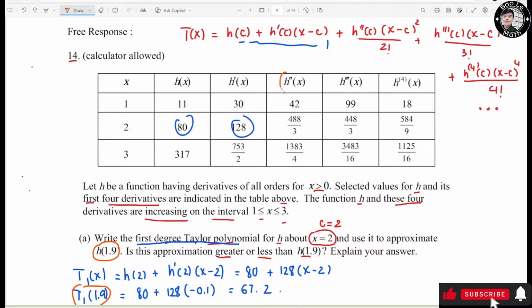Since the second derivative of the function h of s is greater than 0 and increasing for s between 1 and 3, the function is concave up. So the tangent line is below the graph, right? It's going to be like this, tangent line is right here. Therefore, T1 of 1.9 is less than h of 1.9, right? So the approximation is less than the actual value.